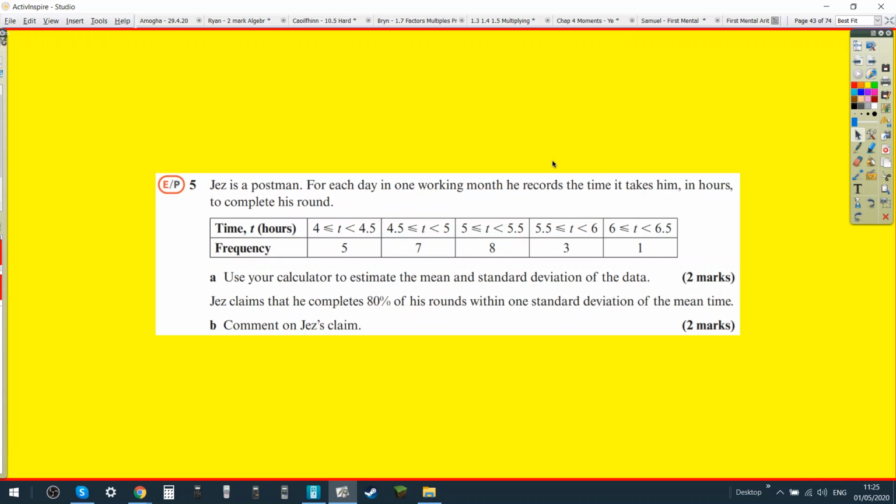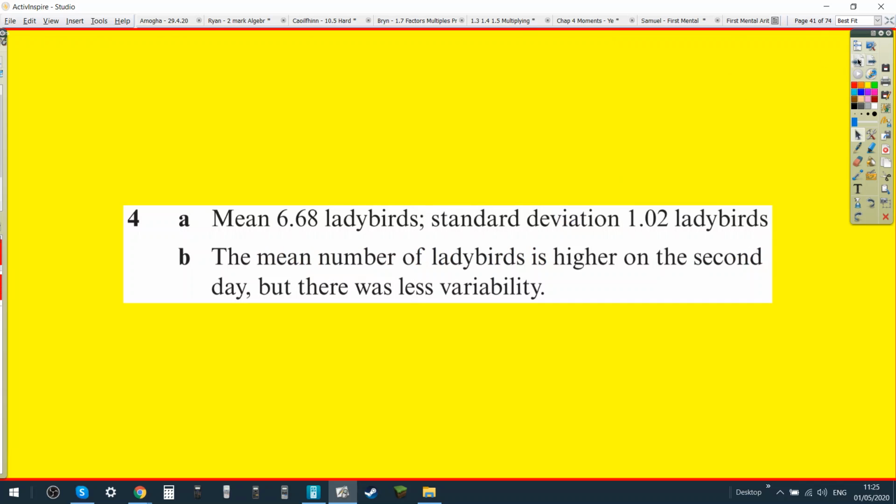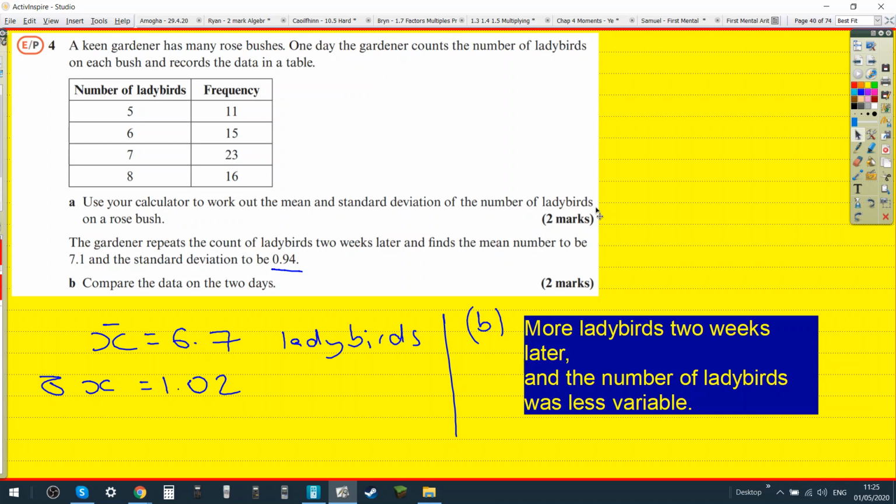Let me just see something. Oh, why don't I have the answer for that one? But I do for the other one. Let's see. So this one, how many ladybirds were more than one standard deviation above the mean?